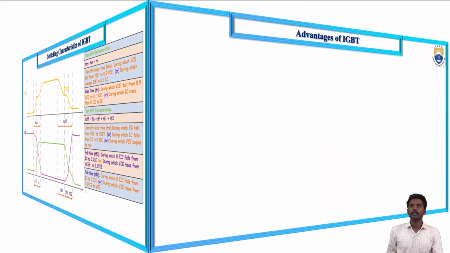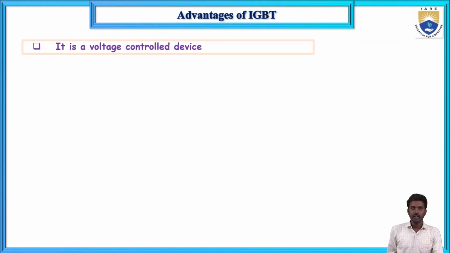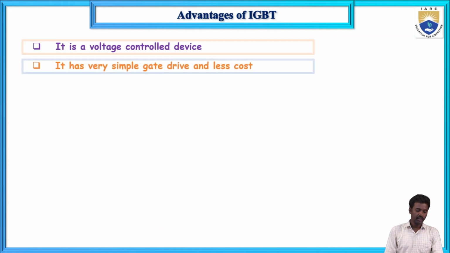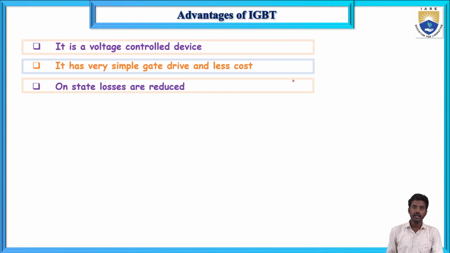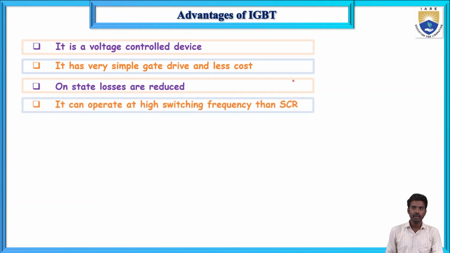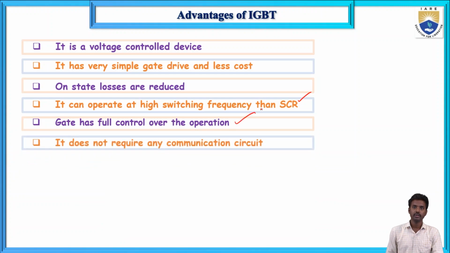Now, these are the advantages. What are the advantages here? It is a voltage control device. It has a very simple gate drive and less cost. On-state losses are reduced, and it can be operated at higher switching frequency than SCR, and the gate has full control over the operation.